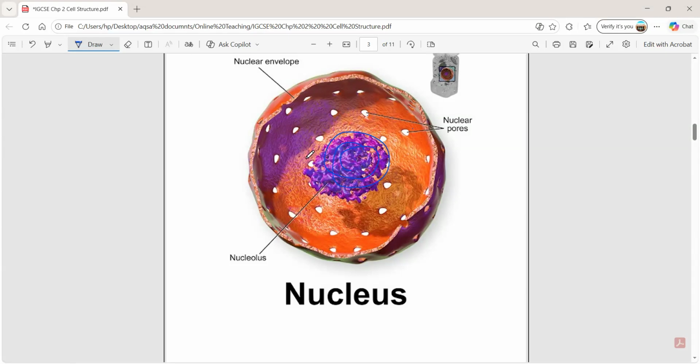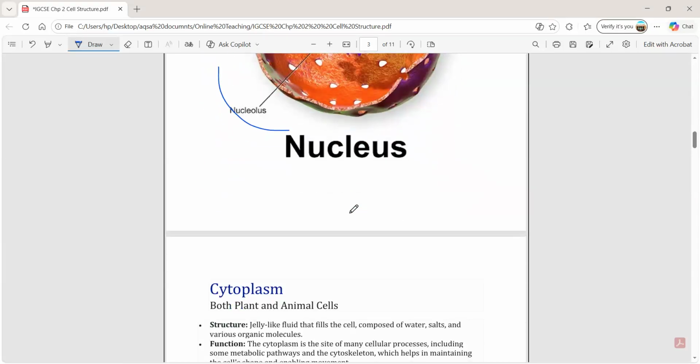So this type of nucleus is present in eukaryotes. And the other type is prokaryotes, they do not have this well defined nucleus. It means they have the genetic material but it is not surrounded by a nuclear membrane. So this is all about the nucleus.